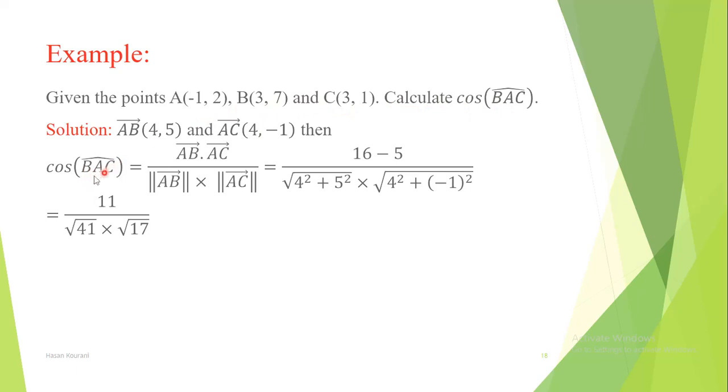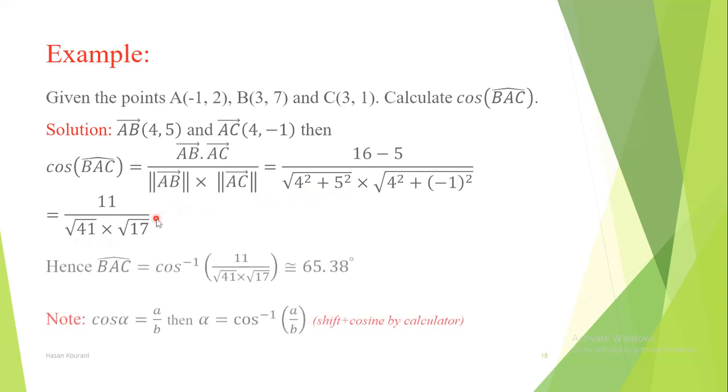AB.AC or AC.AB. In this way, we are applying the rule directly. It will be AB.AC over the magnitude of this times the magnitude of this vector. At the end, we can easily calculate this AB.AC, which is xx' plus yy', 16 minus 5, which is 11, over the magnitude of AB times the magnitude of AC to get this result.